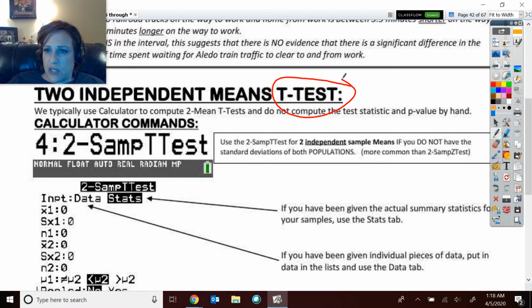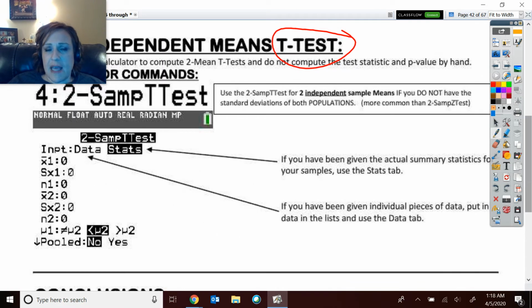So here we just did a 2 sample t-test. Make sure if you have data, you would be putting it in list 1 and list 2. Otherwise, you have those summary statistics, paying attention to what context goes in first and what context goes in second, because the calculator does first data minus second data.